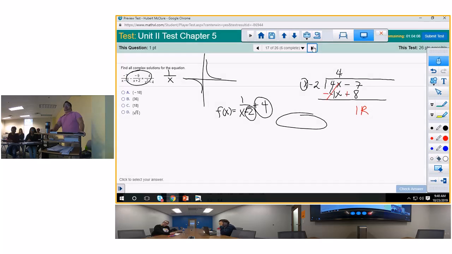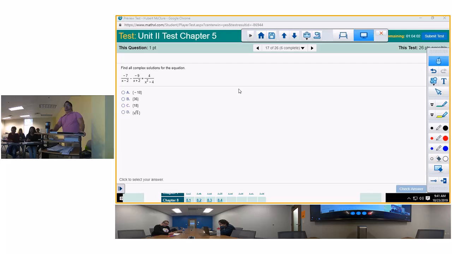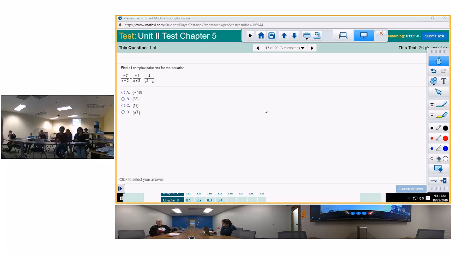As y'all can see, this one is a little bit on the challenging side, but as long as you know your shortcuts and common denominators, what's the common denominator of x plus 2, x minus 2? Which is shortcut number 3. So you've already got it right there. All you've got to do is, I'm going to write it out for you.